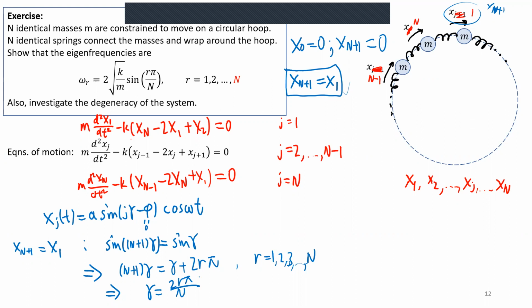So with the gamma here, now we have figured out the sine part of the xj. The next thing we need to figure out is the omega. We don't need to do it over again, because remember, how did we find omega in the previous example?